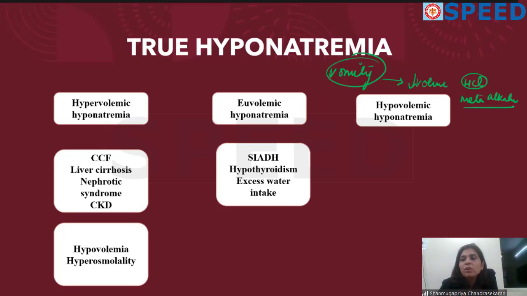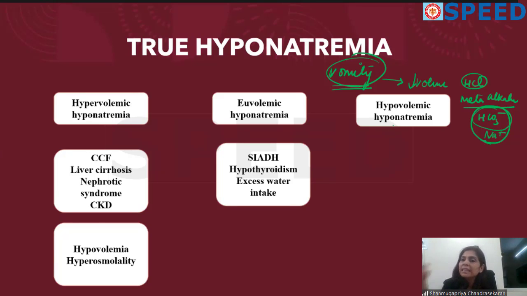To avoid metabolic alkalosis in the kidney, bicarbonate has to be filtered. And when bicarbonate is not getting reabsorbed, it gets lost along with sodium. So sodium is lost through urine as well as vomiting. So vomiting is a form of hypovolemic hyponatremia.